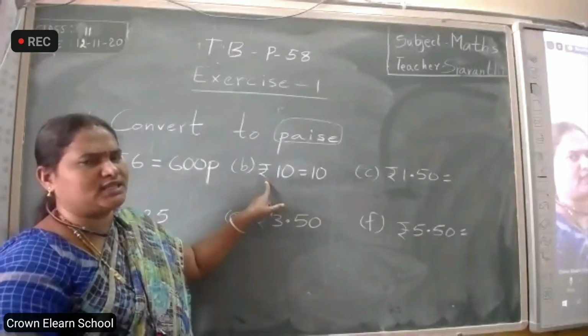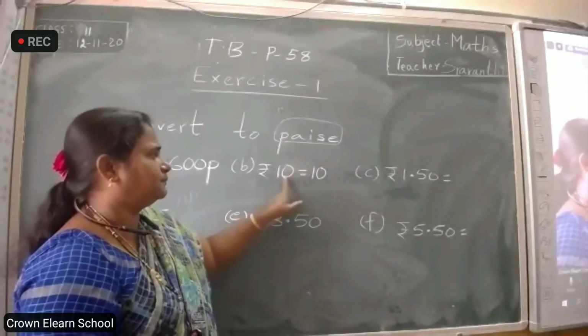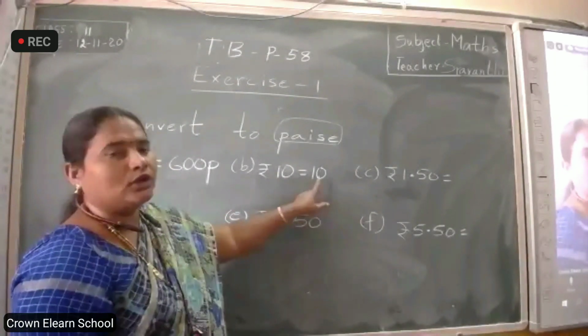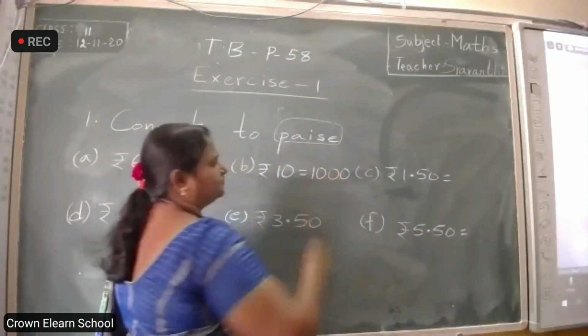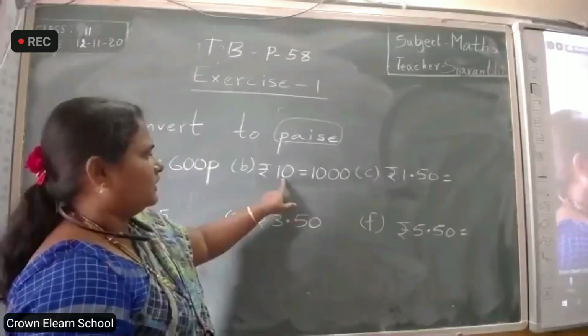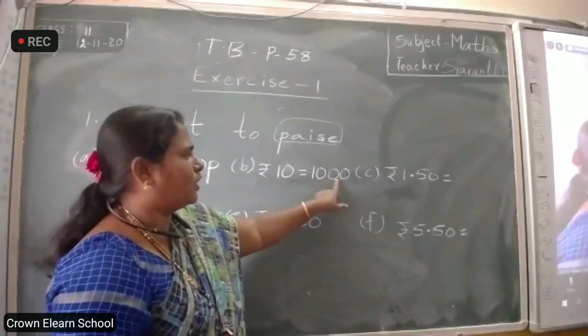Already we have done this in the notebook. So same 10. Next, what do we do? Put 2 more zeros to the right side. Write same 10 and 2 more zeros.